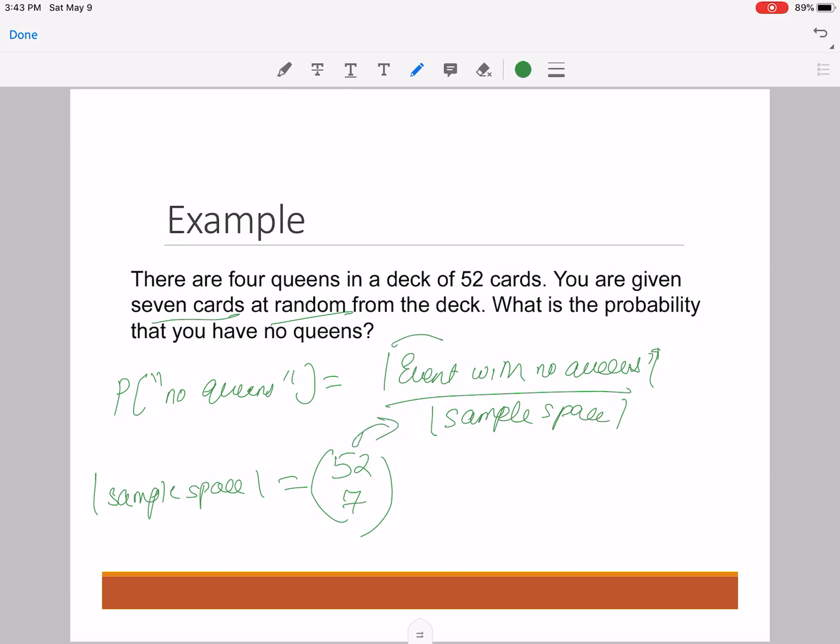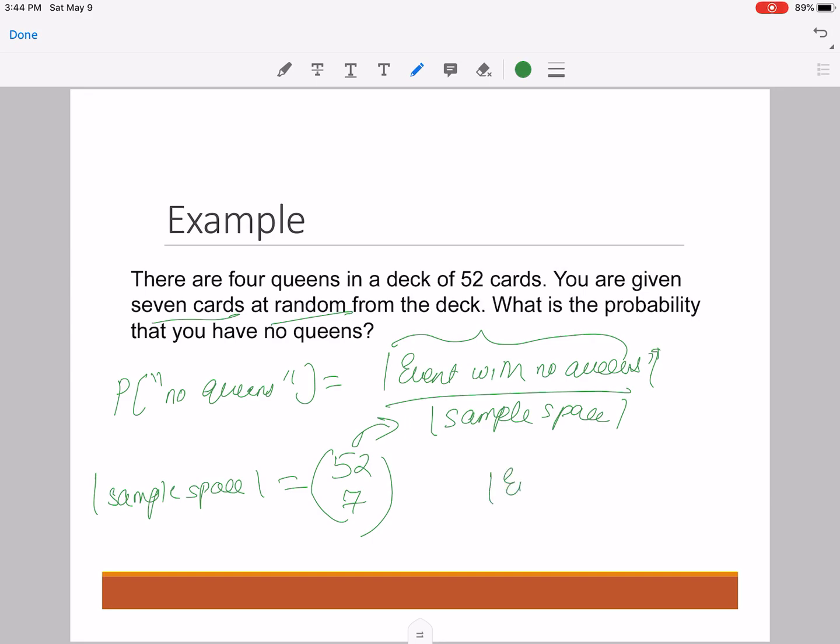Now concentrate on this event with no queens. So I'm looking at in how many ways I can pick 7 cards that are not queens at all. Essentially, what I can visualize is I can visually eliminate all the 4 queens. So I have 48 cards that do not have any queens. And if I were to pick 7 cards out of those 48 cards, then that would correspond to this event, 7 cards with no queens.